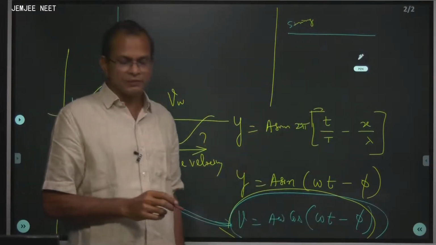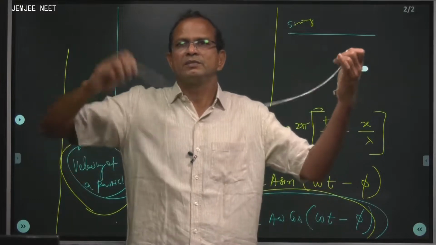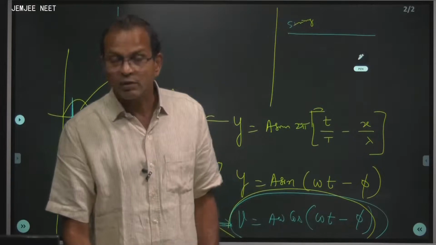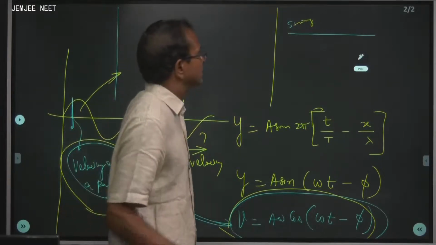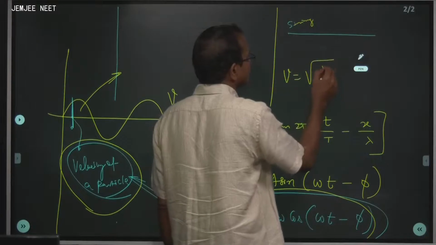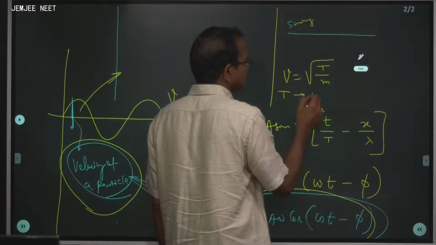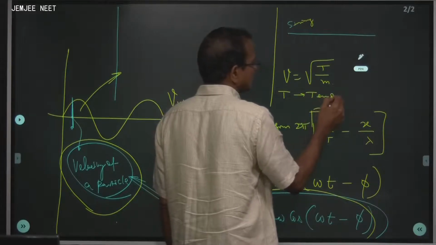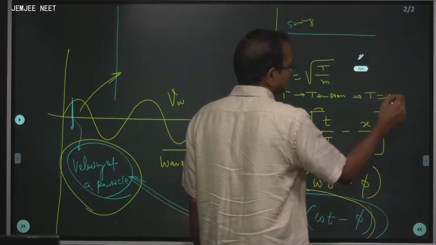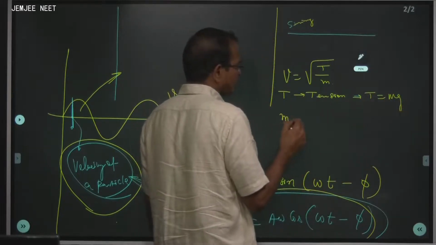What is the velocity of a wave in a string? Now the wave travels with a velocity. What's the wave velocity? Formula for wave velocity. Come on. V is equal to square root of T by mu. Can someone tell me what T is? Tension. And can someone tell me what mu is?